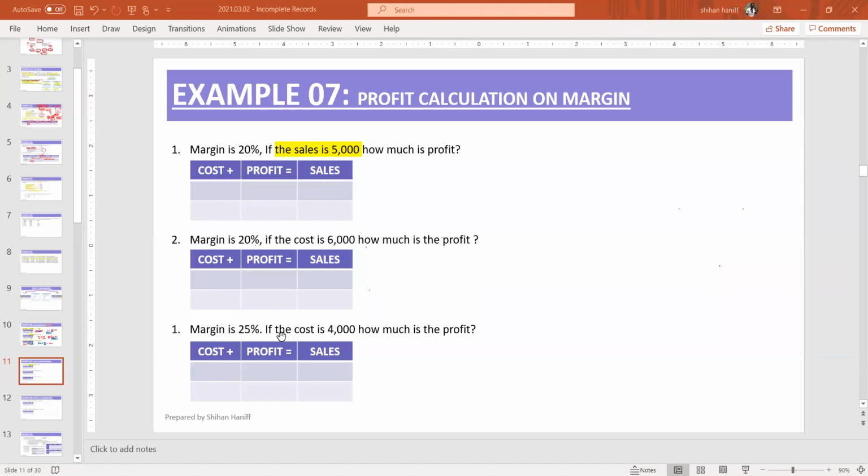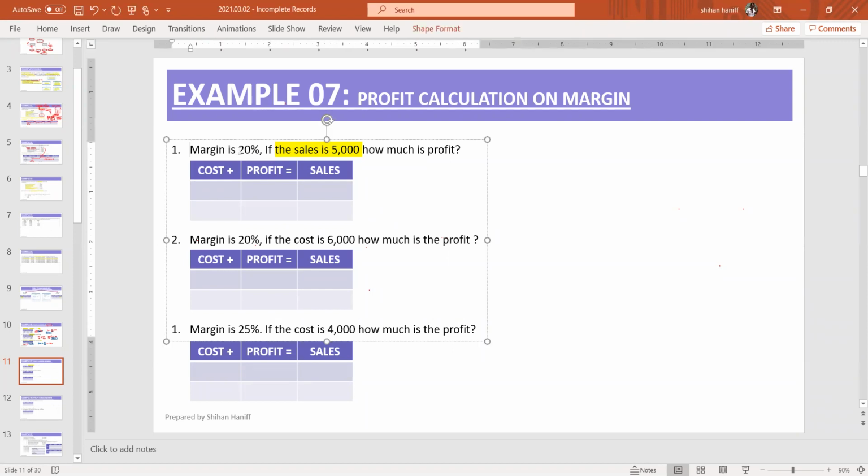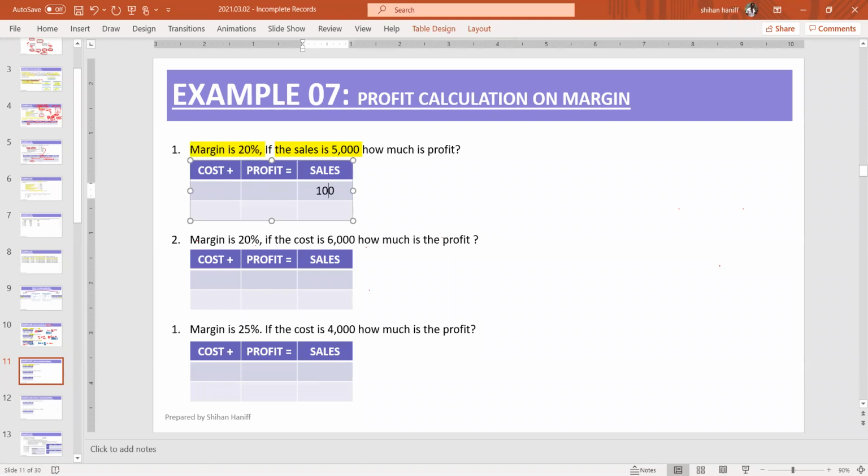The same as previous, but here the margin is given. Earlier it was markup. If margin, it means sales is 100. Out of sales, profit is 20, then the cost will be 80. Margin is sales 100. Markup is cost 100, on sales.